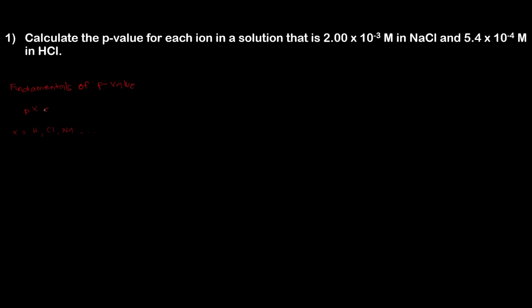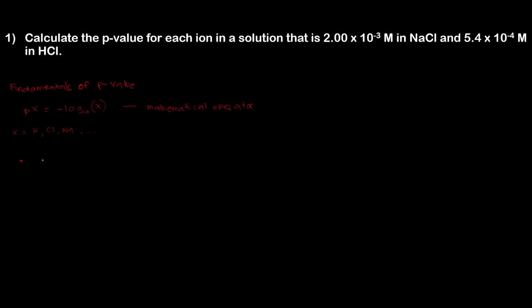So Px, or the p-value of x, simply implies the negative logarithm base 10 of x. This is simply a mathematical operator. But why is it used?